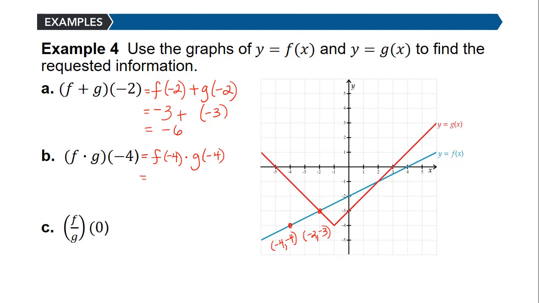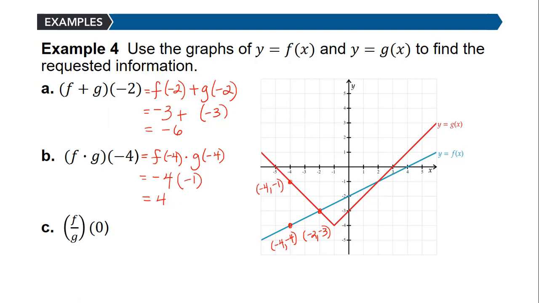So f of negative 4 is negative 4 times g of negative 4. Well, we go to the red graph now. Look at the x value of negative 4. Where does it meet our graph g? And that is at negative 4, negative 1. So g of negative 4 is negative 1. When we multiply these two y values, negative 4 times negative 1, we just simply get 4.